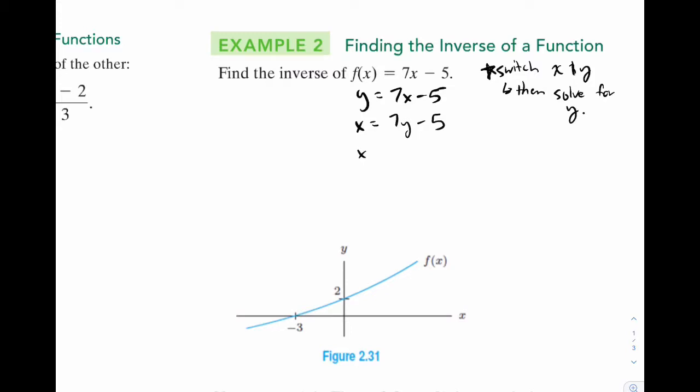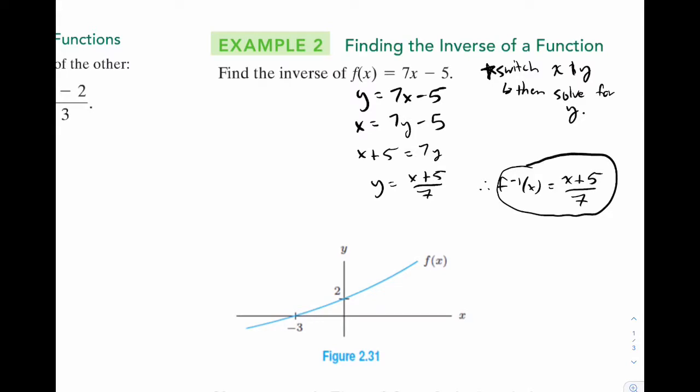So add the 5, x plus 5 is equal to 7y, y is equal to x plus 5 over 7. Therefore, our inverse function is x plus 5 over 7. It's a really easy way to find inverse there.